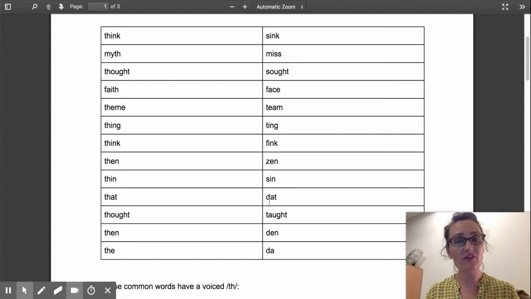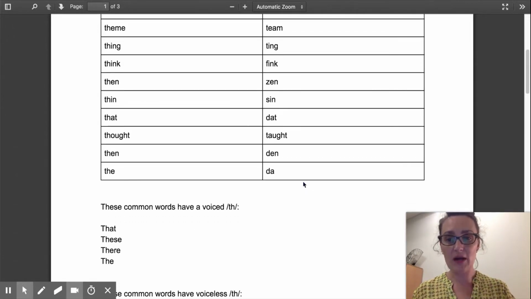So oftentimes the learner knows that a sound is voiced or voiceless, but it's where to put your tongue or to use your lip. They don't quite understand the mechanics of making the sound. So hopefully by comparing these two lists, you can start to fine tune where your tongue should go and making distinctions between these close sounds.